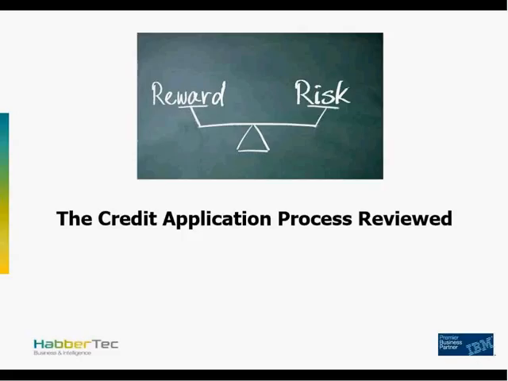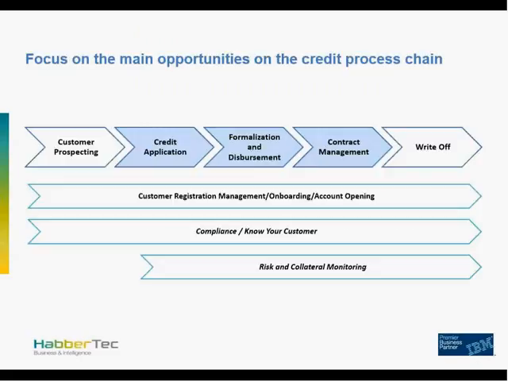So regarding the credit application process, the key idea is that this process is in the middle of a bigger process chain that of course starts with the customer or the prospect knocking on our doors, or we as banks knocking on their doors.